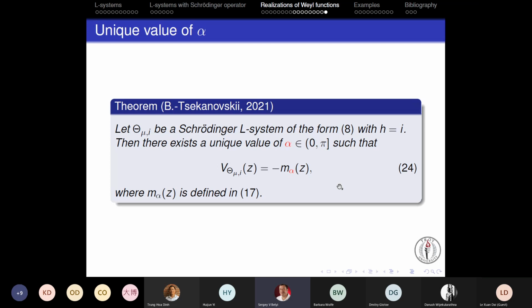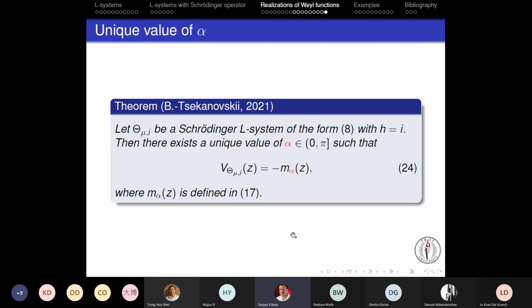So there is a one-to-one correspondence between all angles from 0 to pi, 0 excluded, and the whole family of L systems with impedances equal to negative M alpha, which is pretty neat. But of course, it's based on the property of tangent being one-to-one and onto.